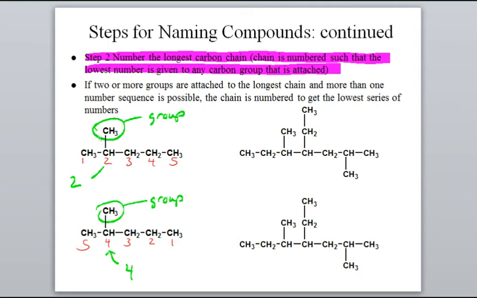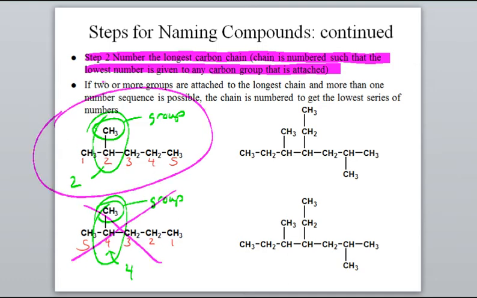So the fact that here the group is on carbon number 2, you're going to number it that way versus down here when the group is on carbon number 4. So we'll put a big X on that one. We're doing this one. The next bullet is applicable to this chemical, so we'll talk about that in a little bit.